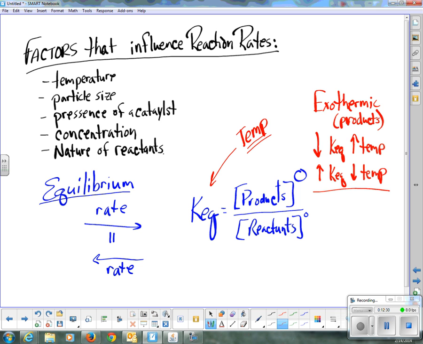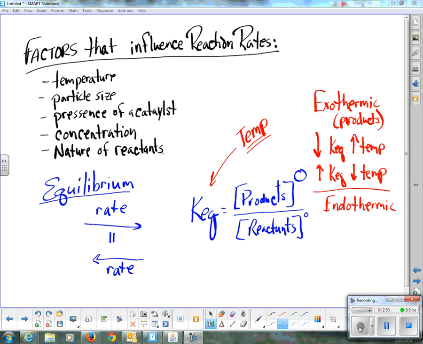Now if we think about it for an endothermic, now I could call these exergonic or endergonic. Now think about it this way.